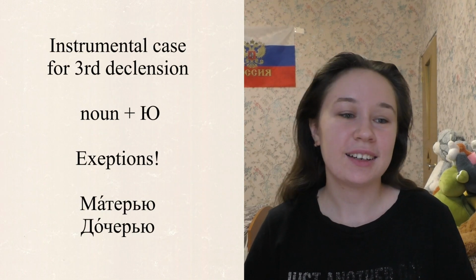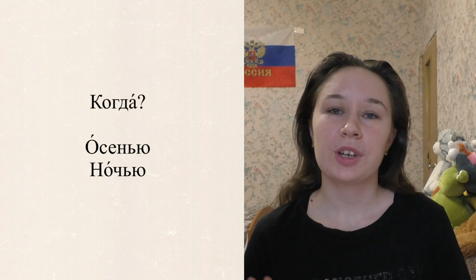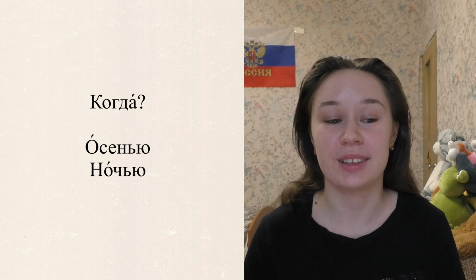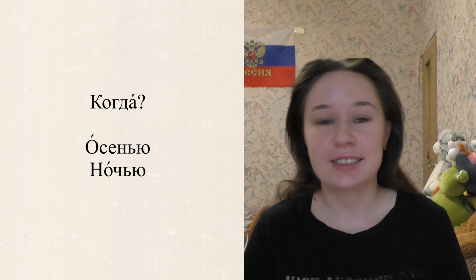So let's see examples. When we are talking about time, we should know such a question as when, and in Russian it will be like когда. So when someone asks you когда, you should know the answer, and for that we should know the next words.